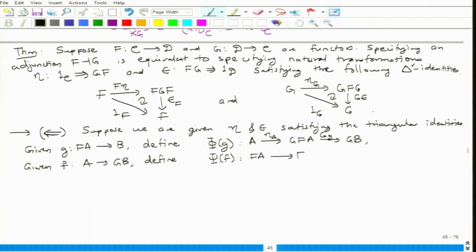Well, FA to FGB we can go by doing Ff, and from FGB we can get down to B by doing epsilon. So these compositions are the associated maps.